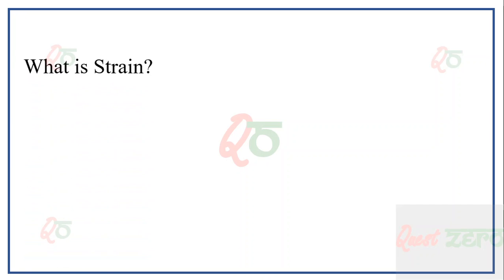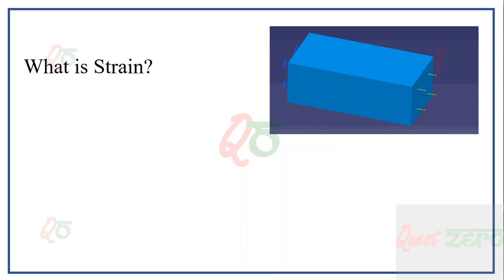What is strain? Generally, whenever you have an object and you apply a force over a period of time, there is a small deformation in the given object. This deformation of the material will result in strain.